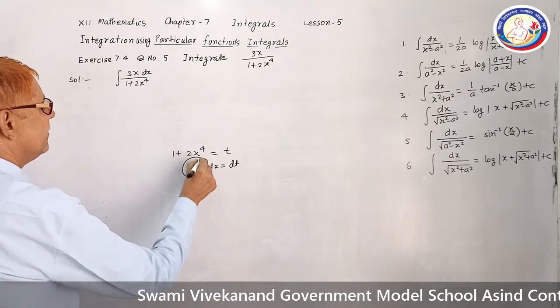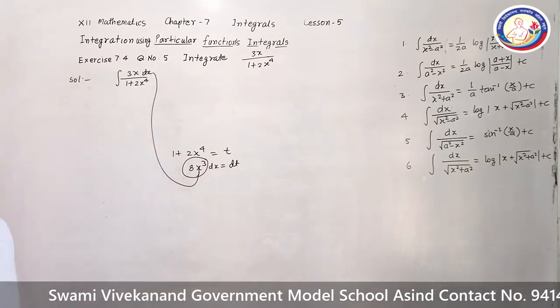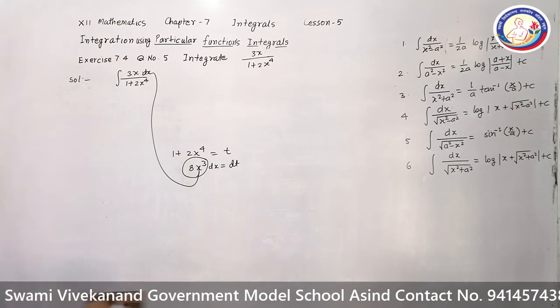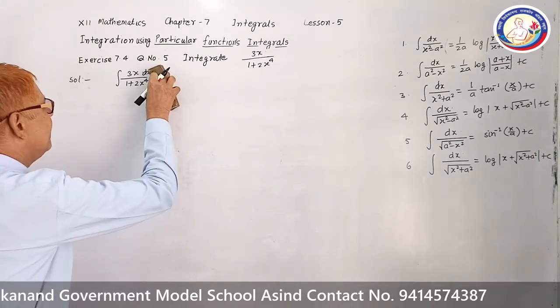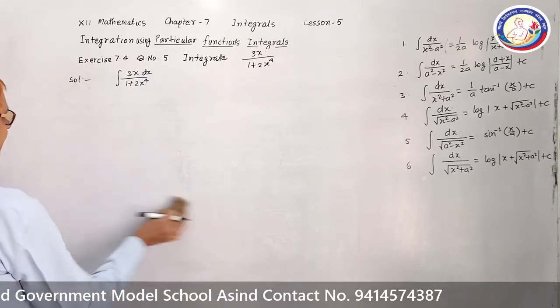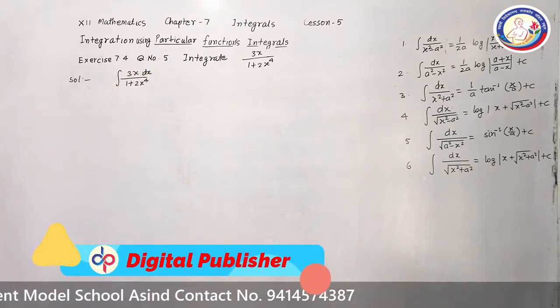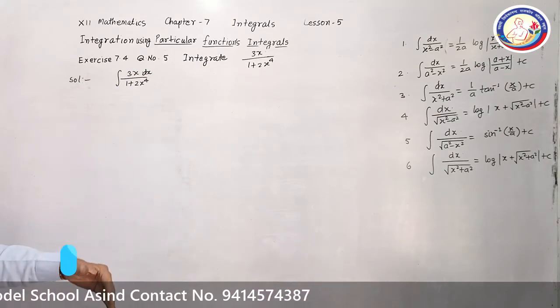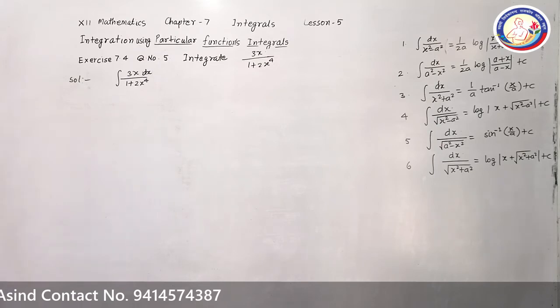Is this term present, or only x cube in the numerator? No. So this substitution will not do simplification, it is not appropriate for this. So opt for another trick.